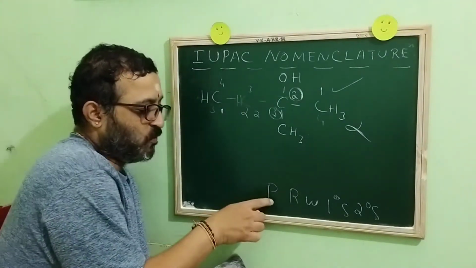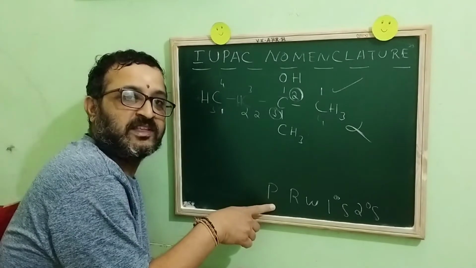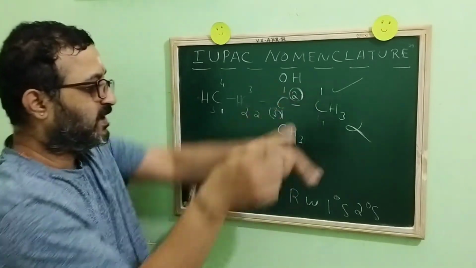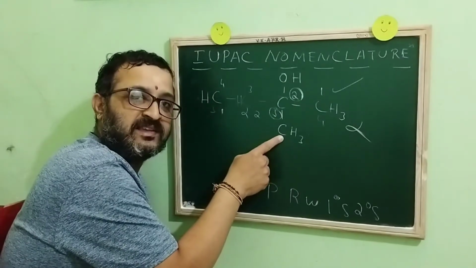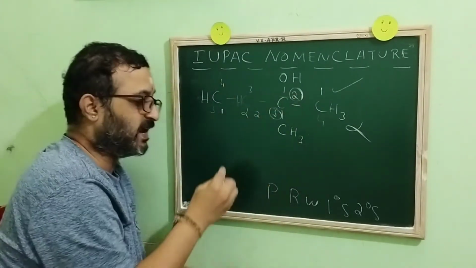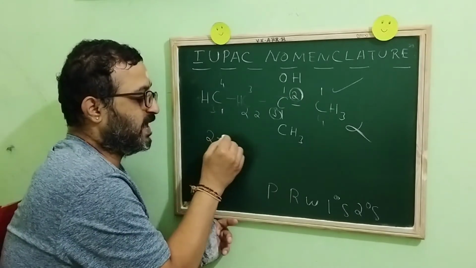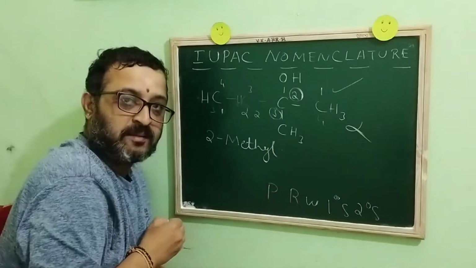Next one. What is the order? We know it is prefix first. Do we have a prefix in this one? Yes. This is the parent chain, so the methyl group is there. That methyl group is attached to which carbon? Second carbon. So the name will be 2-methyl.